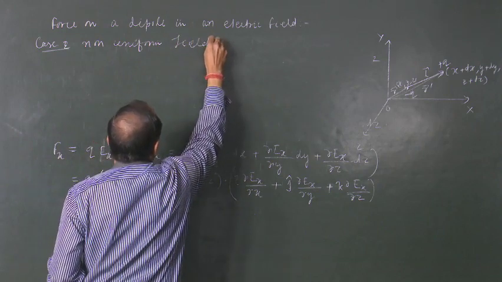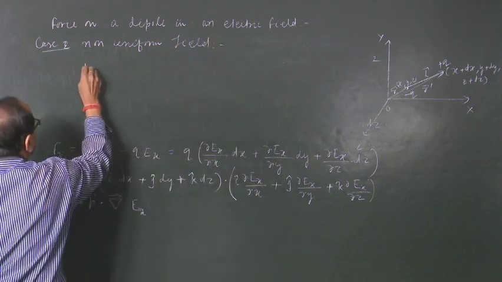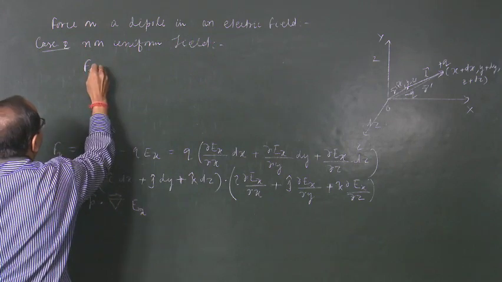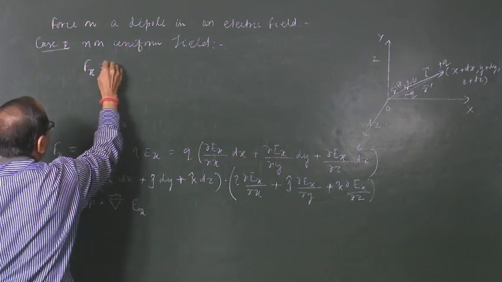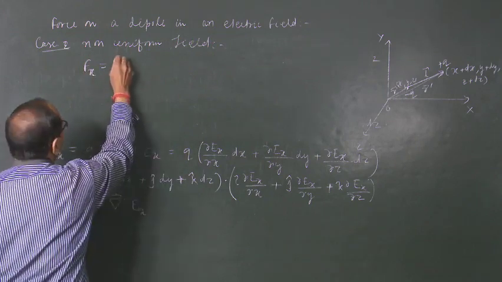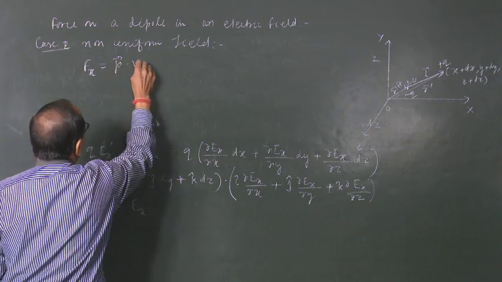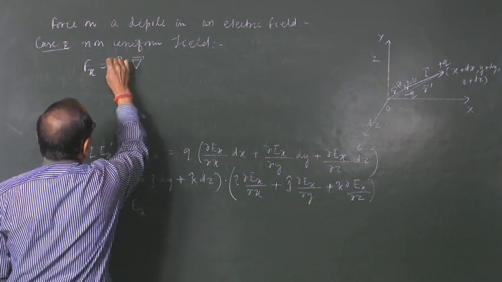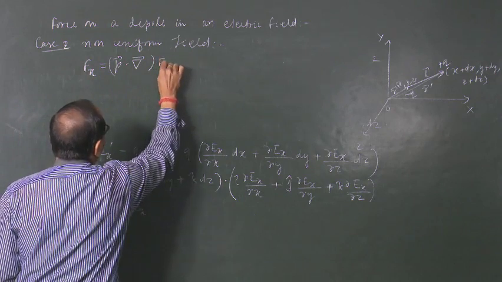Non-uniform field. So, in a non-uniform field, the total force acting on the dipole has an x component F_x equal to (p dot del) operating on E_x.